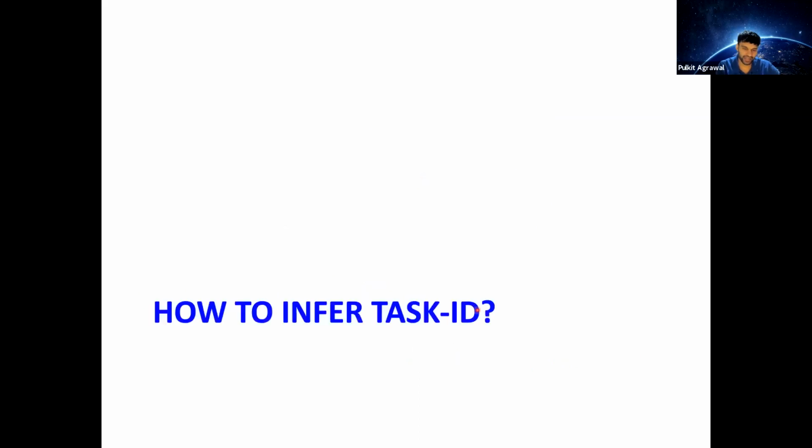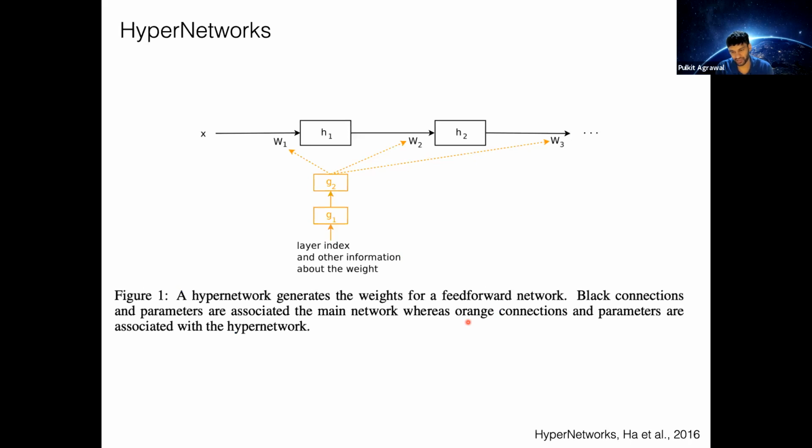So one question you may be asked is, how do we go about inferring the task ID? To motivate one of the latest papers in this area, I will first briefly introduce the idea of hypernetworks. So what are hypernetworks? Typically you have a network where we have an input X, and it gets processed by some weights W1 to get features H1, then weights W2, and so on.